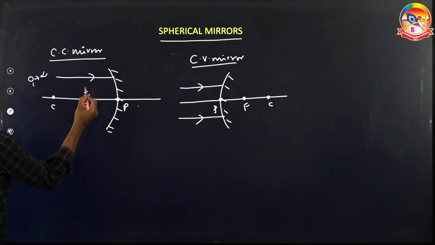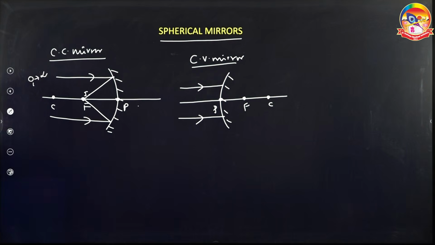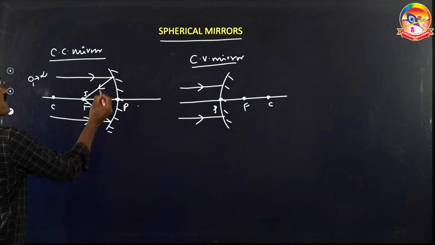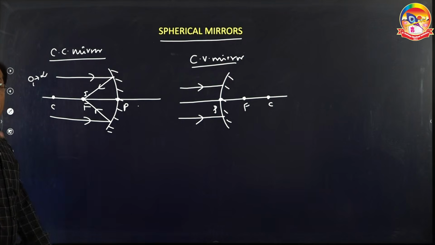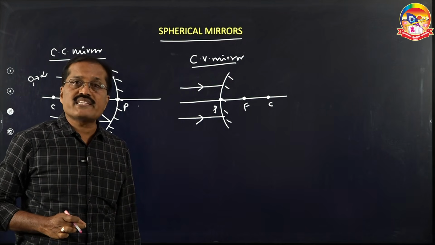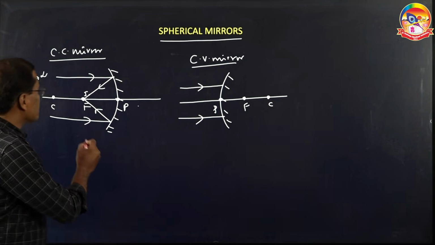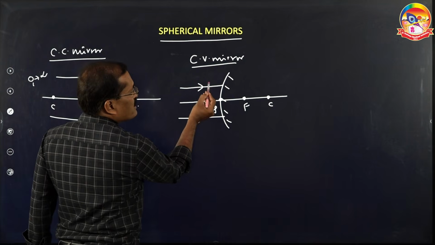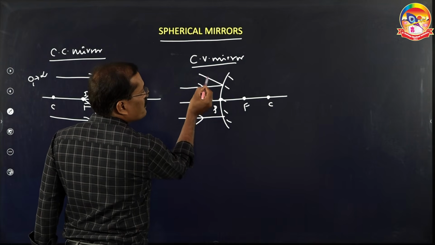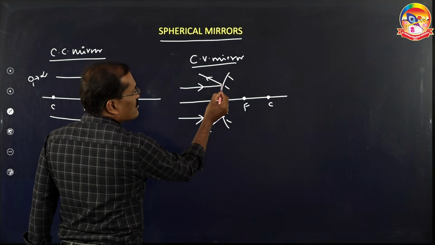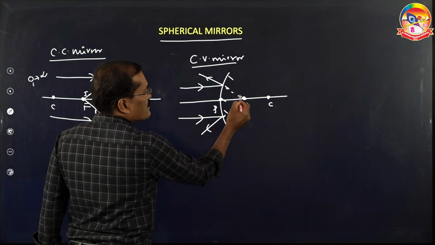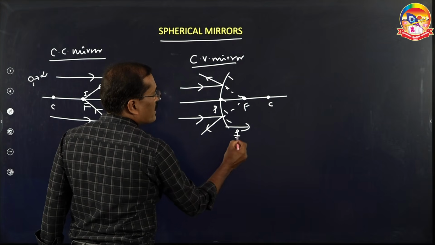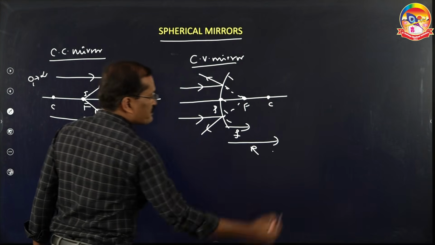After striking this, the rays converge, and hence the concave mirror can also be called a converging mirror. Lens is reverse. The rays converge at this place, and where the reflected rays converge, that point is the real image point, and the real image is at the focus. In the other case, the rays appear to diverge from a point on the principal axis. This point is the focus, this is the focal length, and this is the radius of curvature.